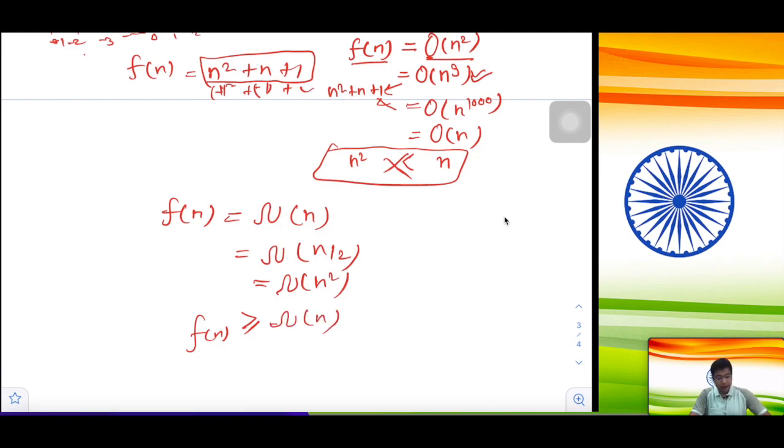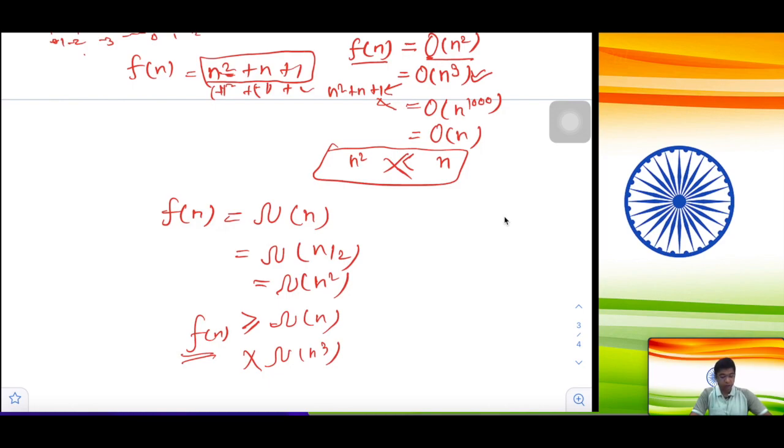If you write omega of n cube, this is not valid for the f(n) function.